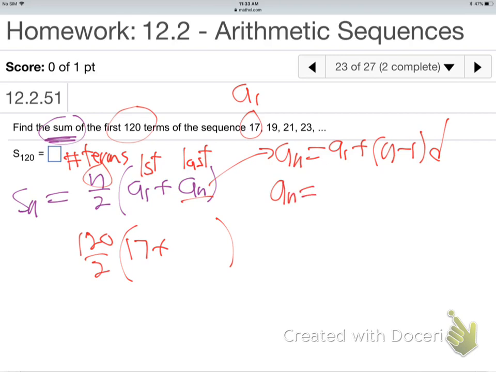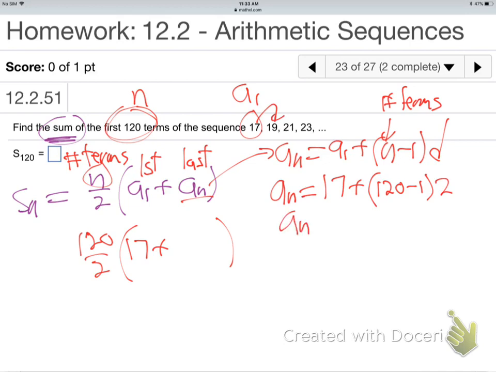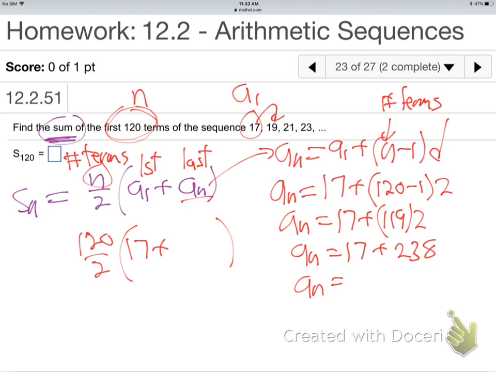So A1, first term, 17. N, we already know N. N is number of terms, right? That's 120. And D, what's the D? What's the difference from term to term? Positive 2. What's that, 238? And then add that up. 255.